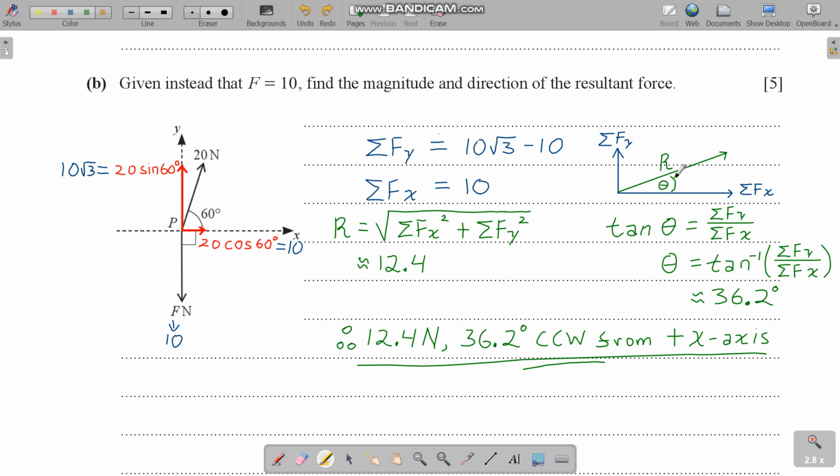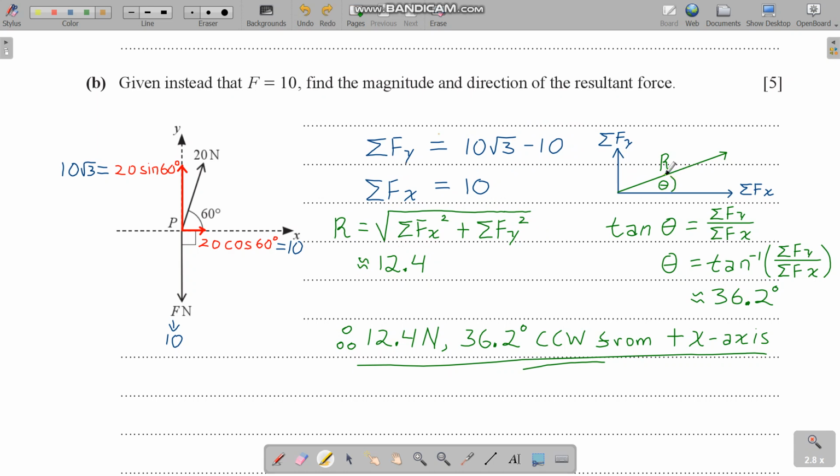And to find the angle, we're using the angle to horizontal, and this is the sigma Fy. So inverse tangent, we use angle in degrees, we get this, and therefore for the final answer, the resultant is 12.4 newtons, 36.2 degrees counterclockwise from positive x-axis, which means the direction is in this direction.